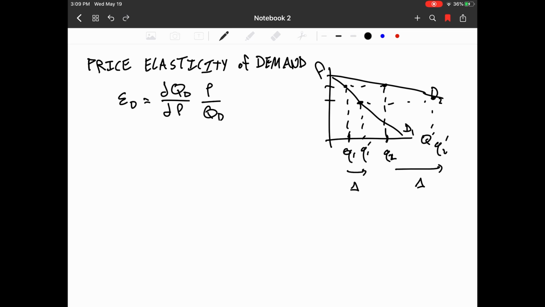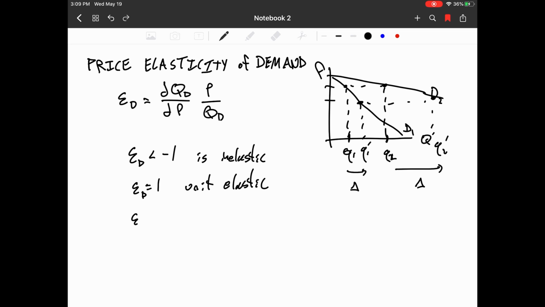And we can classify our elasticities as you've seen before. An elasticity of demand that's between -1 and 0 is inelastic. An elasticity of demand equal to -1 is unit elastic.